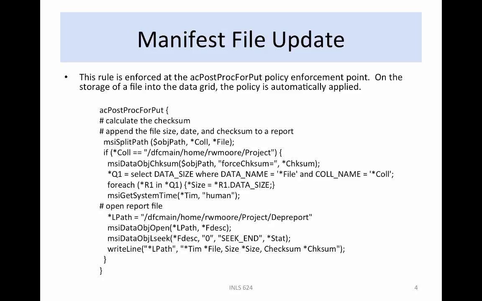To append the information at the correct location, a msiDataObjSeek is done to the end of the file before the write is executed. Note that the writeLine microservice can be used to write to a file as well as to standard out. The manifest file is stored in a well-defined location, the DEP report subcollection within the project collection.